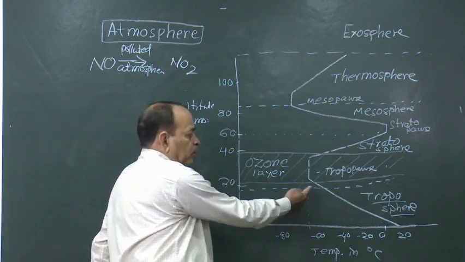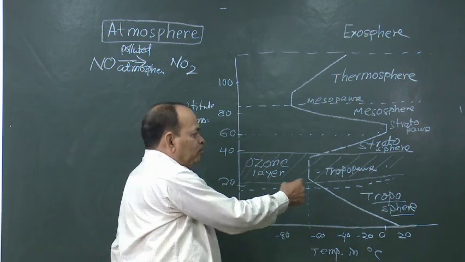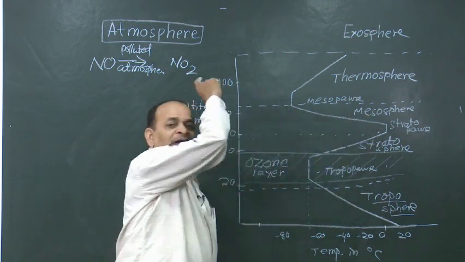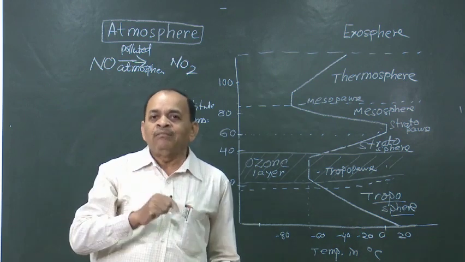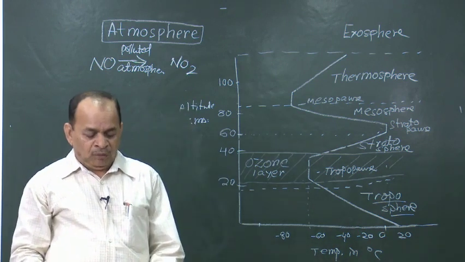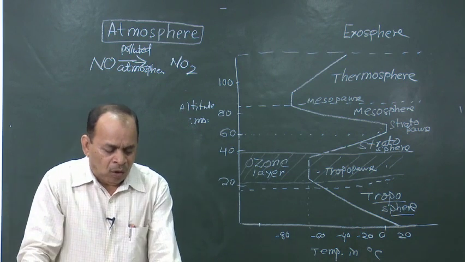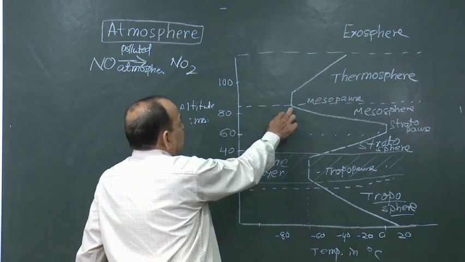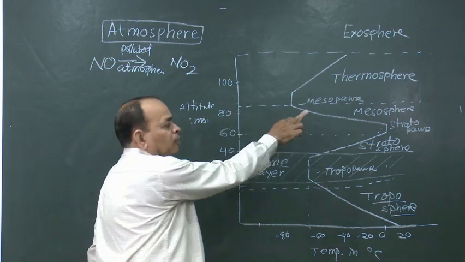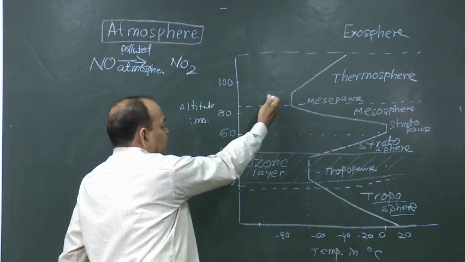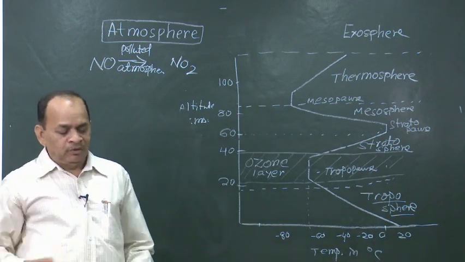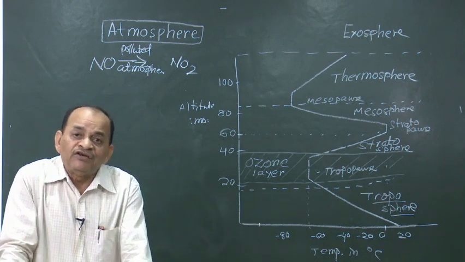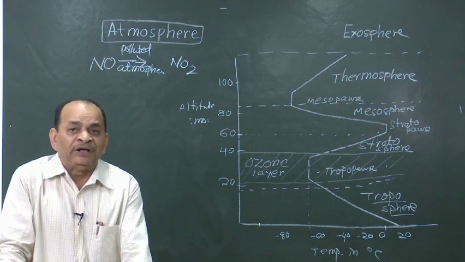So, here you have marked temperature decreases, in the next layer temperature increases, in the next layer temperature again decreases. Here again temperature falls up to about 80 to 85 kilometers. You can see up to this 85 kilometers, that is known as mesosphere. So, temperature is reduced up to 80 to 85 kilometers, and this region is known as mesosphere.